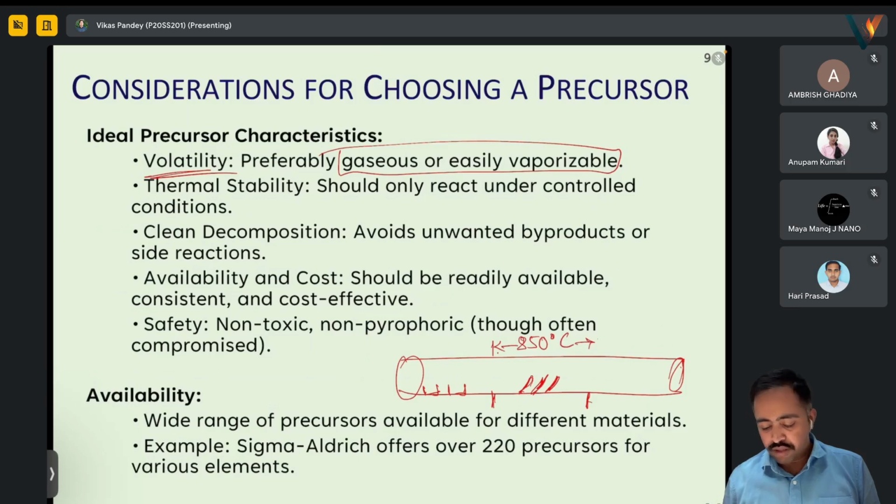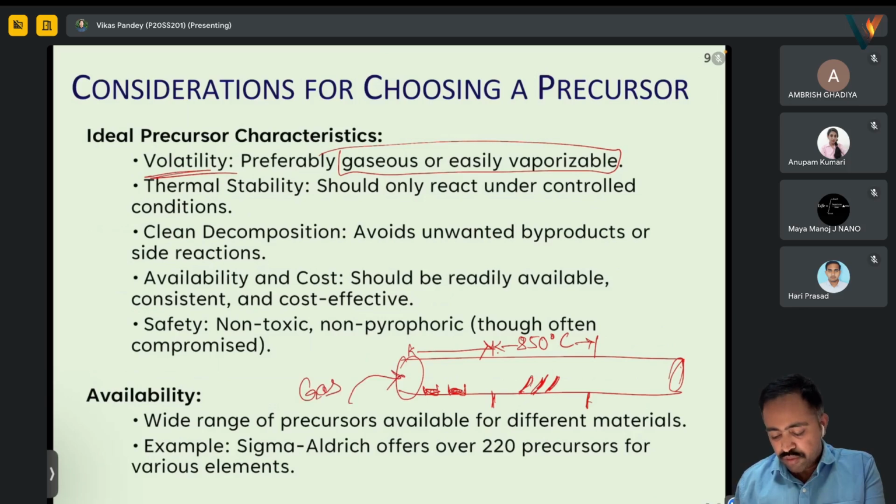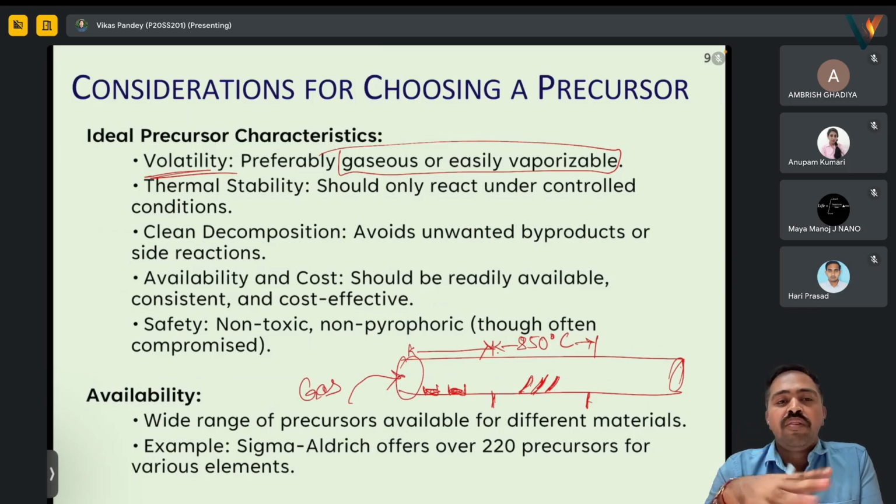So what should be the preferred temperature, if these are solid materials, let's say, and we want to vaporize them, and we are putting some gases in? Can anyone tell what will be the preferred temperature that we can go for? If the material is vaporizing at that temperature, it will be fine.